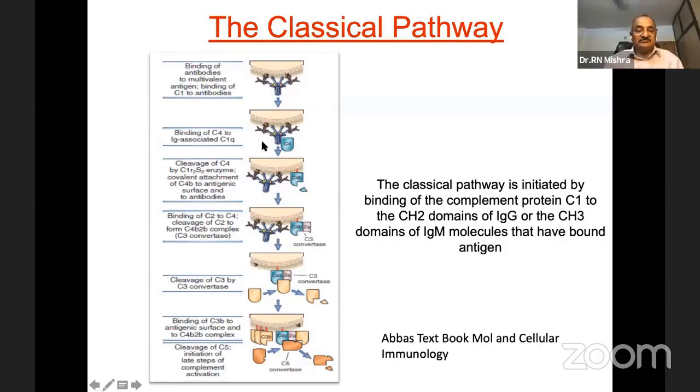Once C1q anchors onto it, then the C4 gets attached. Its inactive form gets activated, with cleavage of C4 by an enzyme called C1r2s2. These are part of the C1 system.